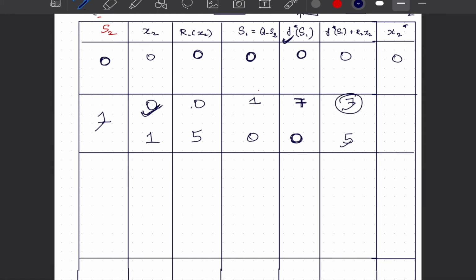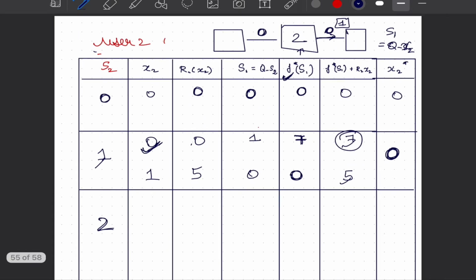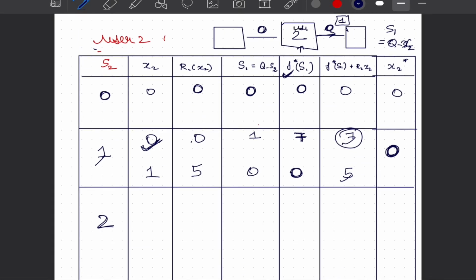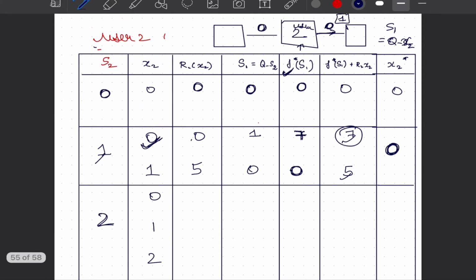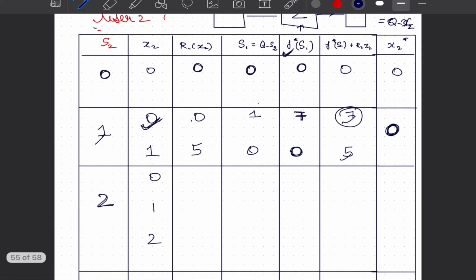So if we look at the optimal solution, we should have the value of 7 as the best possible value. So our F star S1 plus R2 X2, out of 7 and 5, we should definitely go with 7, and our X2 star in that case should be equal to 0. That means let us not allocate anything to user 2 and let the water go to user 1 if only 1 unit of water is available.